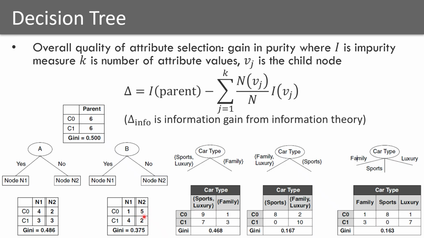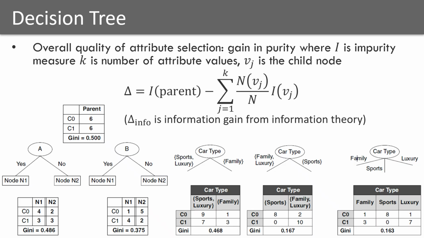So this is much stronger purity, not complete, but stronger, and the Gini index overall will have a smaller number, which means that if we subtract this impurity index from the impurity of the parent, then we end up with a much higher gain, almost 1 order of magnitude better than in the previous case. Therefore, we should choose the attribute B and not the attribute A in the decision tree.